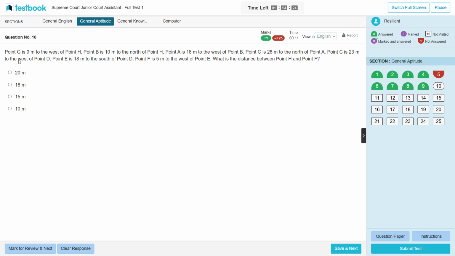Point G is GH 9 meter to the west. Point H, point B 10 meter. Point A is 18 meter to the west of point B. Point C 28 meter north of point A. C meter to the north. Point C is 23 meter west. 30.